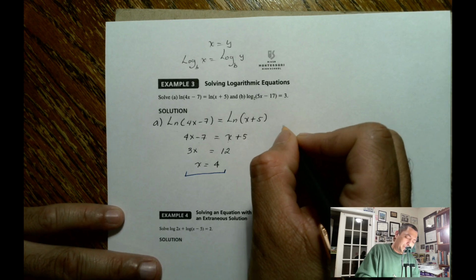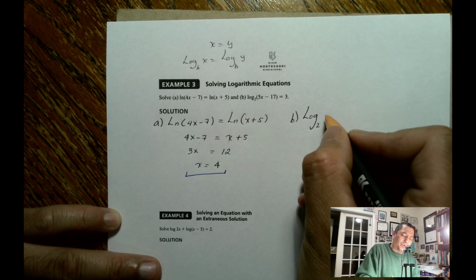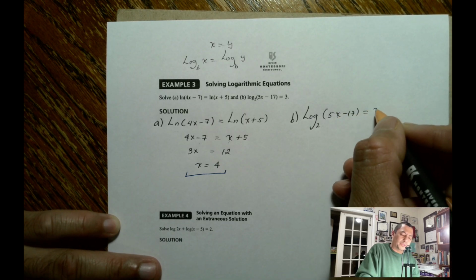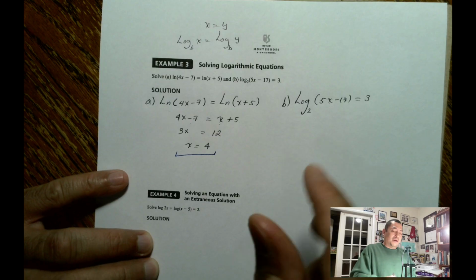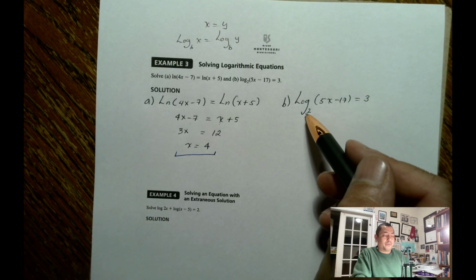Now let's do b. In this case, I have log base 2 of 5x minus 17 equals 3. As you can see, on the right side I don't have any log base 2.